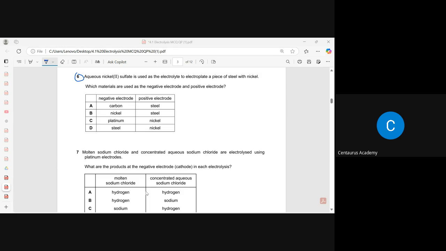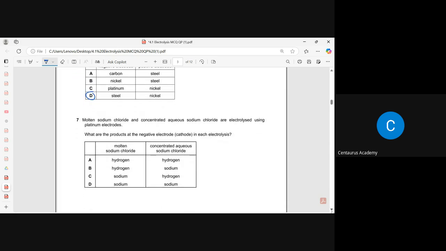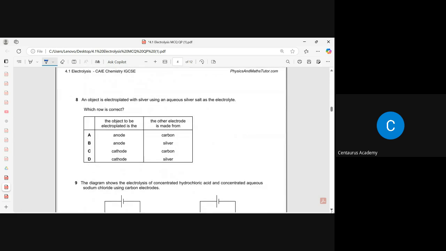So since nickel is being used to electroplate, and the object is steel, which has to be electroplated with nickel, steel being the object has to be always onto the cathode, which is your negative electrode, which is why we say that option B here is the correct option. Good. Okay. Moving on to another question. This is a similar question.